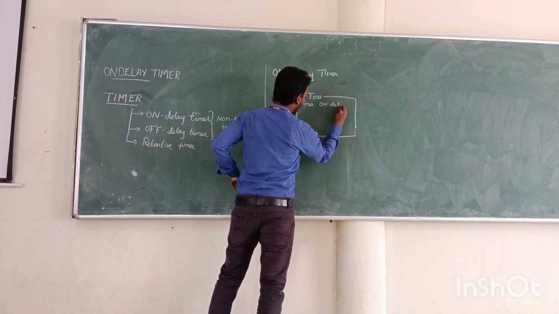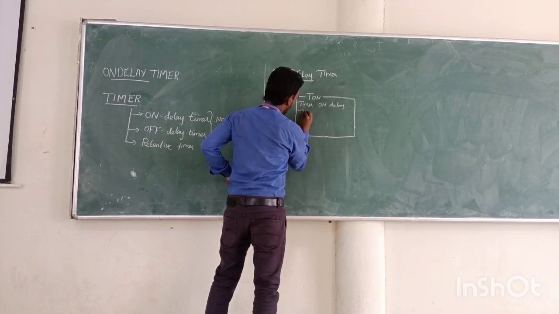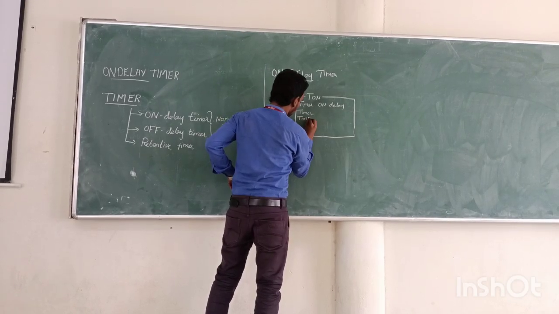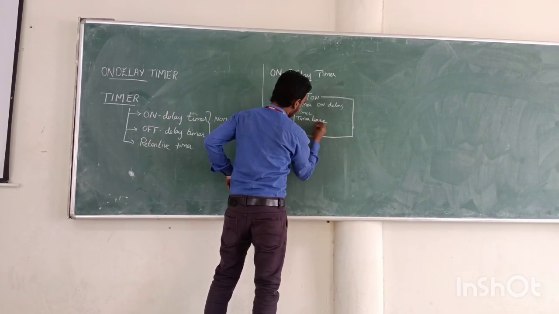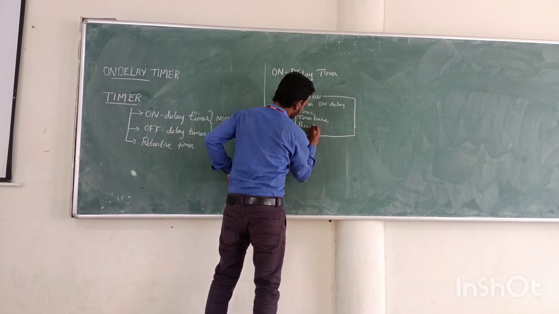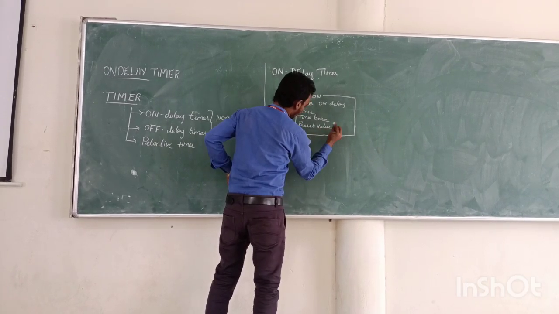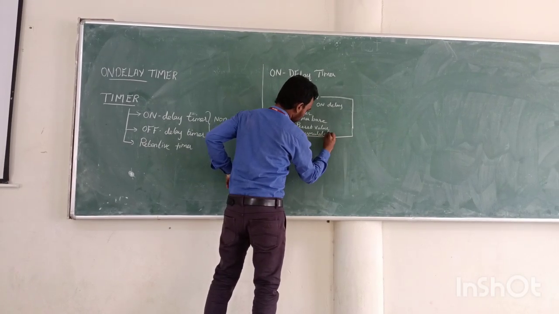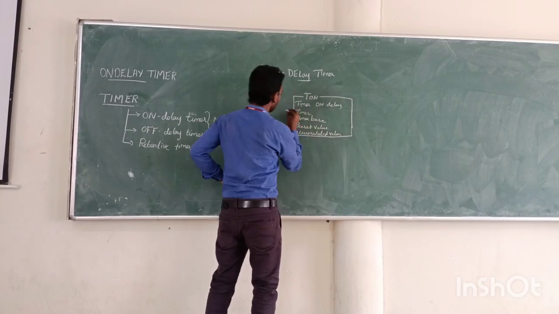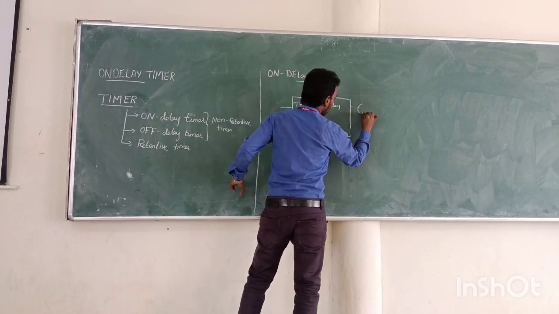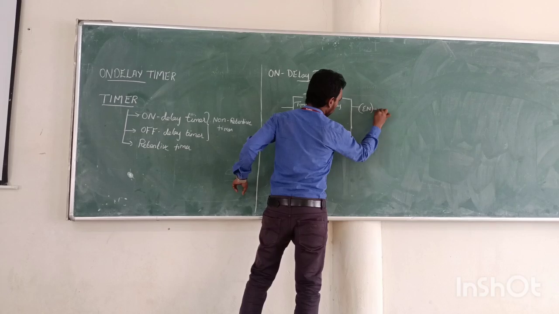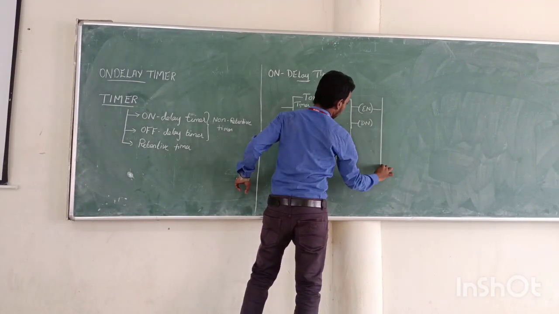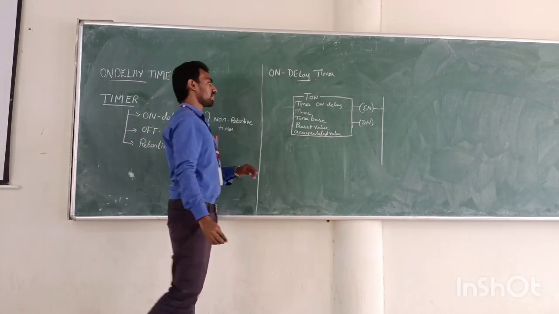The timer instructions are timer on delay, timer, timer base, preset value, and last one is accumulator value. And the control words are enable bit, done bit, and timer timing bit.